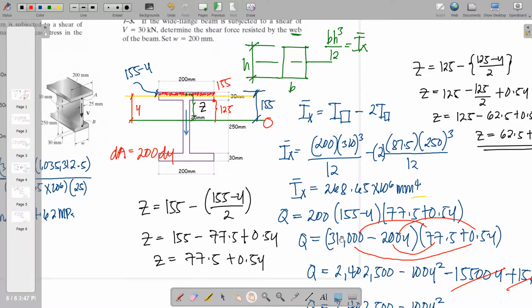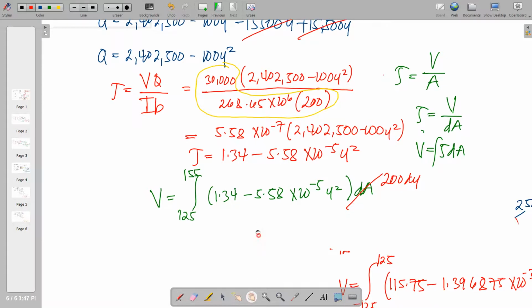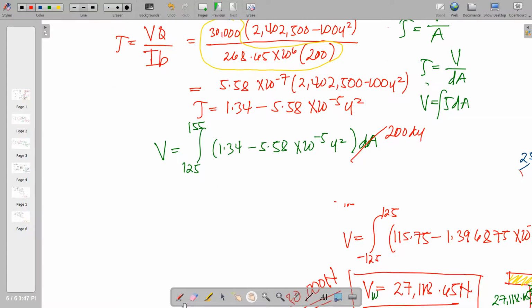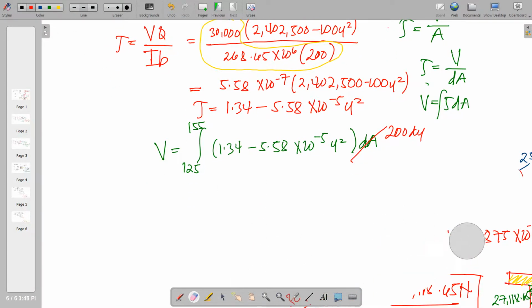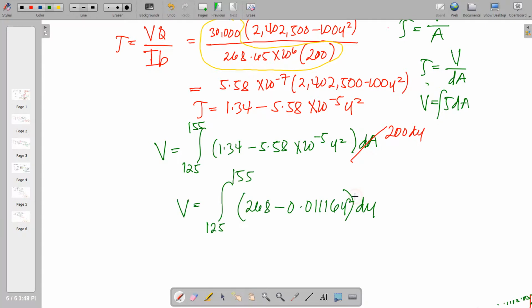So dA is equal to 200 times dy. Okay, so again we distribute 200 into the equation. We'll come up with this equation.